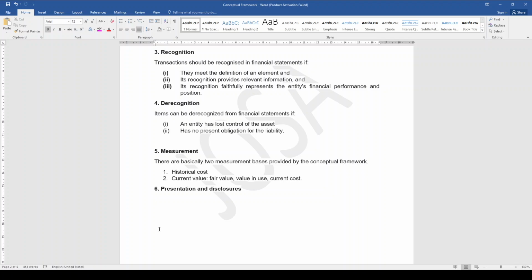If you are buying, let me say, a building basically for sale, you wouldn't really prefer using the cost model. Why? Because you are interested in knowing the current value of this asset before you make the sale. Does that make sense to you?